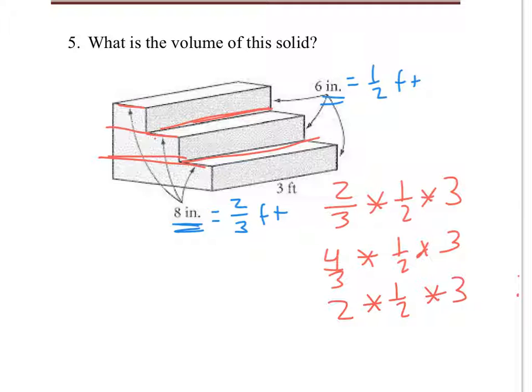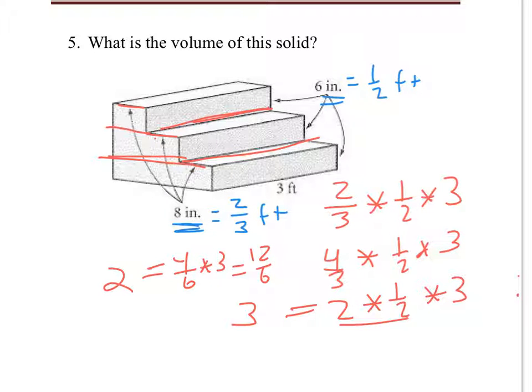But you can see that some of them are fairly easy to do. So let's just do it this way. So this would be 2 times 1 half is 1, times 3. So this would be 3 units. This would be 4/3 times a half is 4/6. So it would be 4/6 times 3, which equals 12/6, which equals 2. And now we suspect maybe the top is 1.